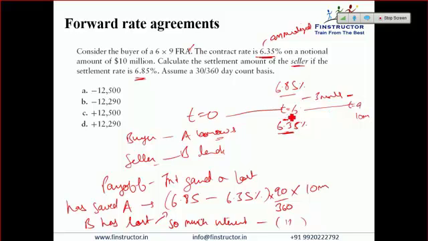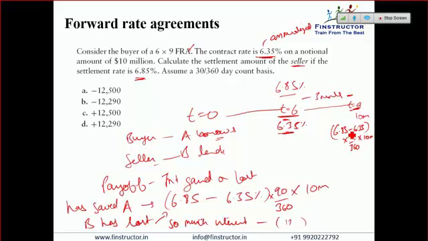So if you're borrowing at t equal to 6 for a period of 3 months, then this interest, or this saving, actually would happen at t equal to 9, that is at the end of the 3-month period. But an FRA or a forward rate agreement is settled at t equal to 6 itself, that is, it is settled at expiration.